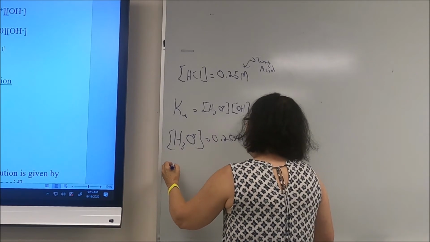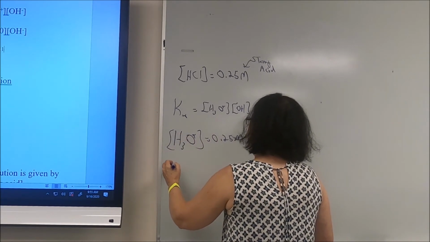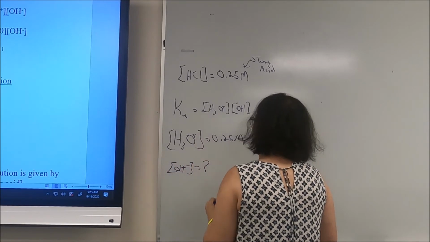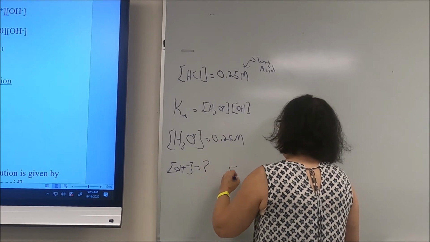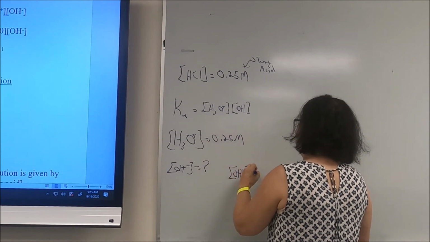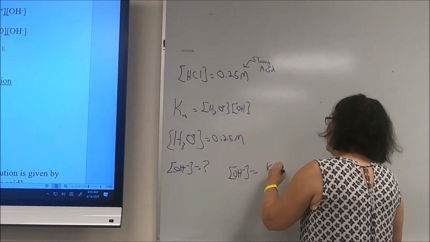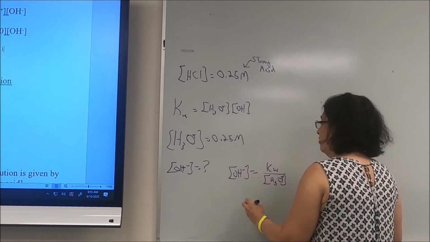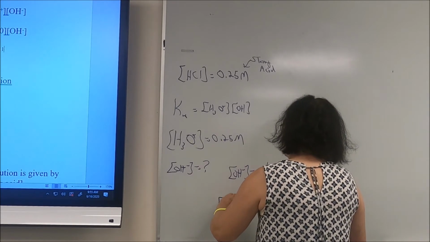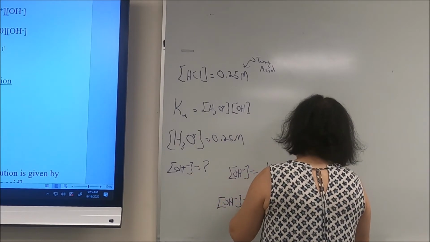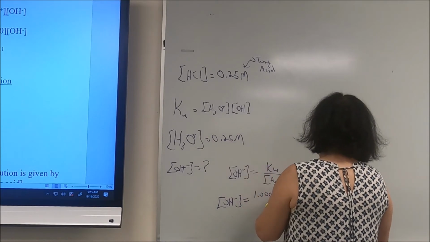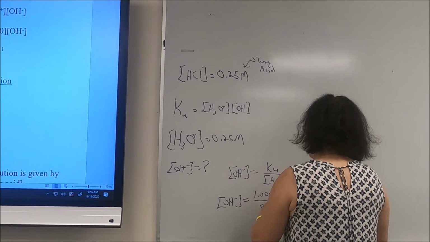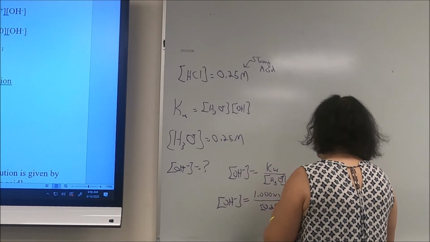Okay? So if I want to get the hydroxide ion concentration, then I'm going to rearrange things and say that hydroxide ion concentration equals Kw divided by hydronium ion concentration. So hydroxide ion concentration is 1.000 times 10 to the minus 14 all over 0.25 molar.